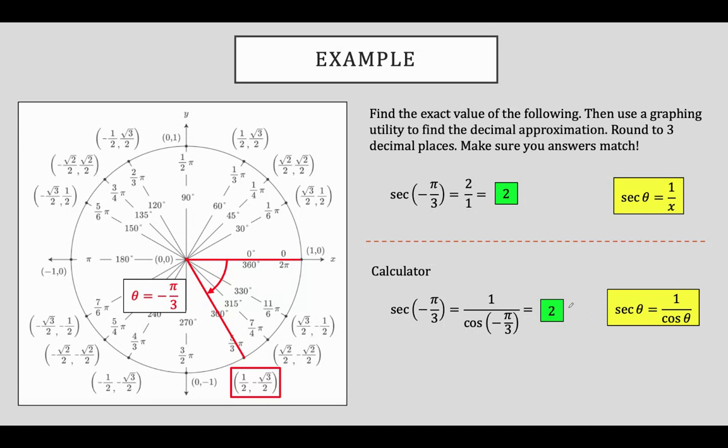To check our work. All right, so there you have it, a little more practice utilizing the unit circle and evaluating trig functions, and also seeing how we can check our work using a calculator. All right, but again, always best to give exact answers when we can, only give decimal approximations if the problem asks you to do so.